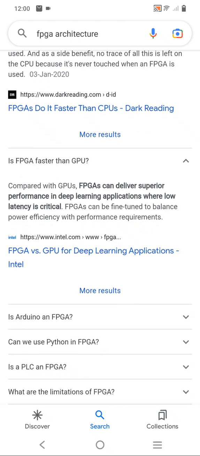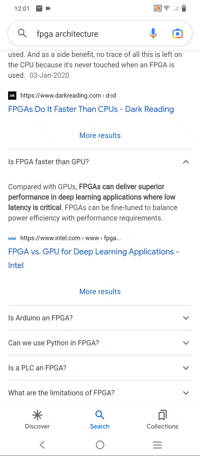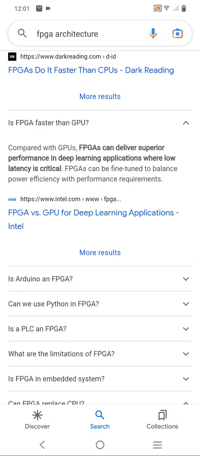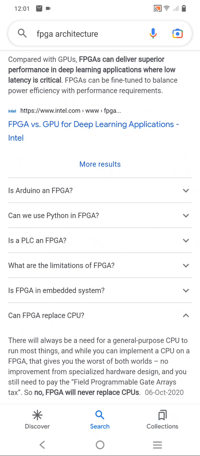Machine learning is at a lower level where the field programmable part is done, and deep learning is faster because of FPGA, because the learning process goes on in memory structures. So FPGA is integrated, and because of that the deep learning process is very fast. That is why FPGA is faster than GPU and things like that.